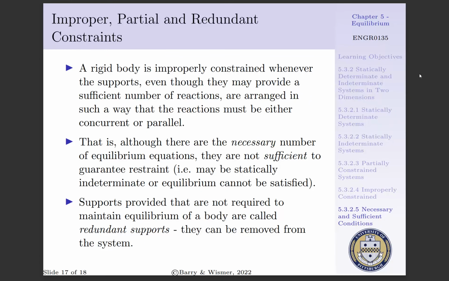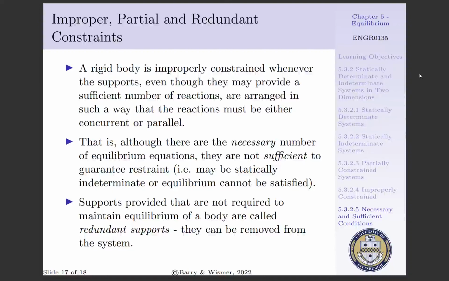To classify these situations of improper, partial, and redundant constraints, we will look at the following. A rigid body is improperly constrained whenever the supports, even though they may provide a sufficient number of reactions, are arranged in a manner such that the reactions must be either parallel or concurrent.